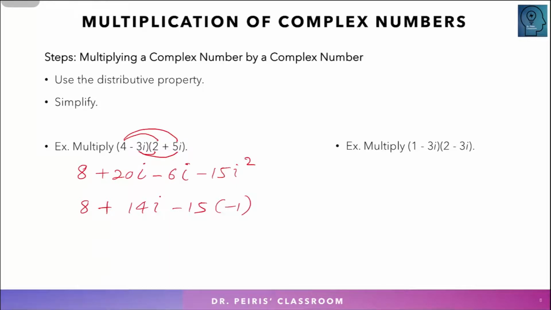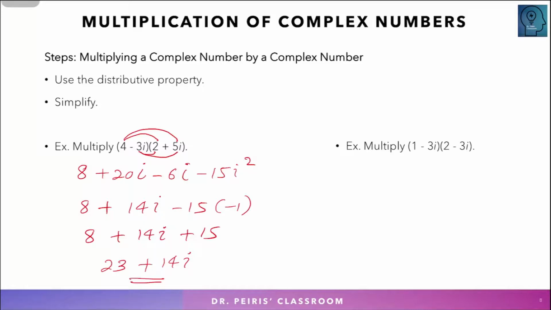So whenever you see i squared anywhere in complex number calculations or simplifications, you substitute negative 1 for i squared. So we have 8 plus 14i, and minus 15 times negative 1 becomes positive 15. Now we combine the real parts. So we have 8 plus 15, which is 23, plus 14i. So this is the final answer.